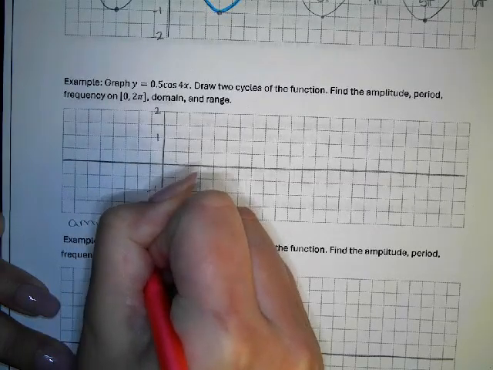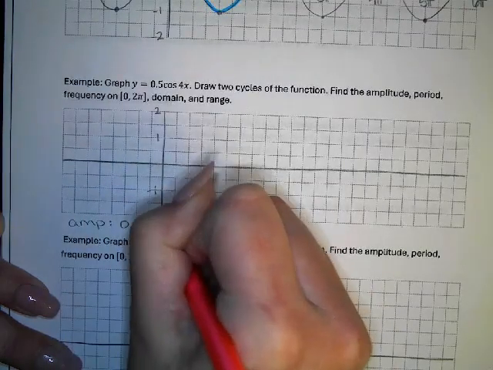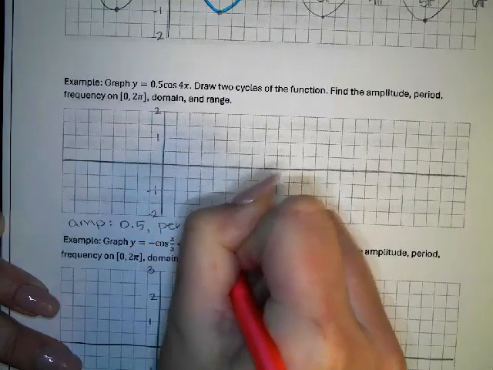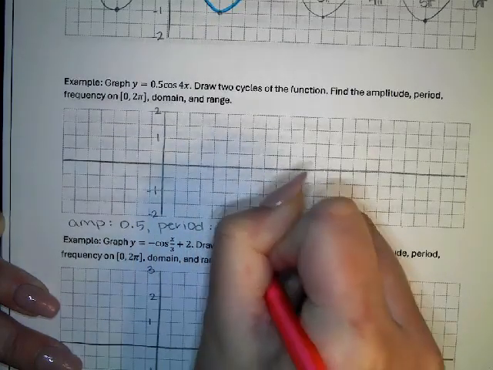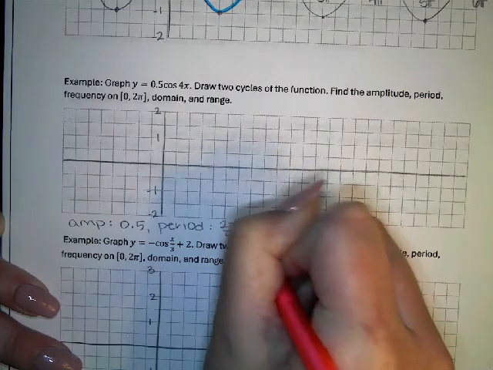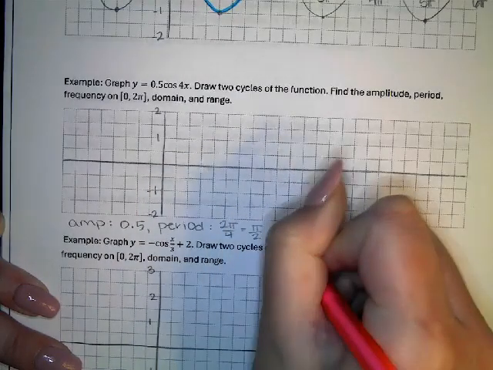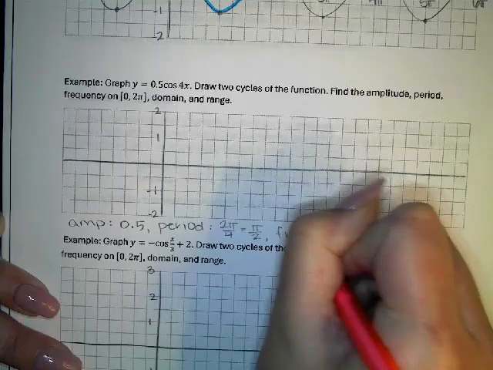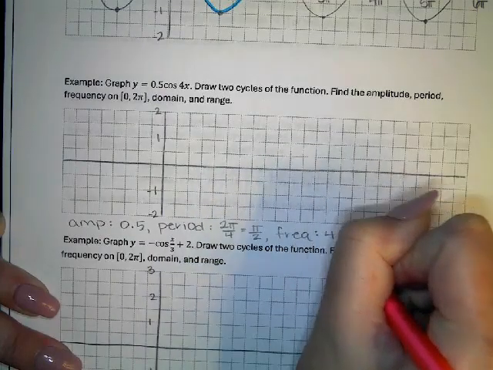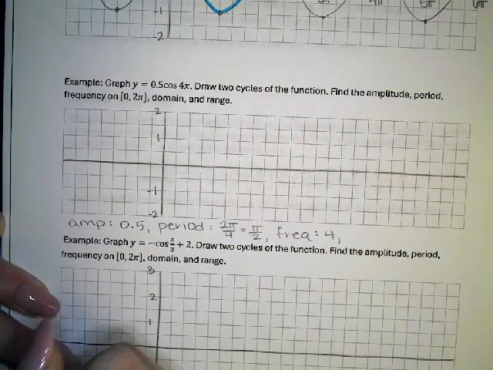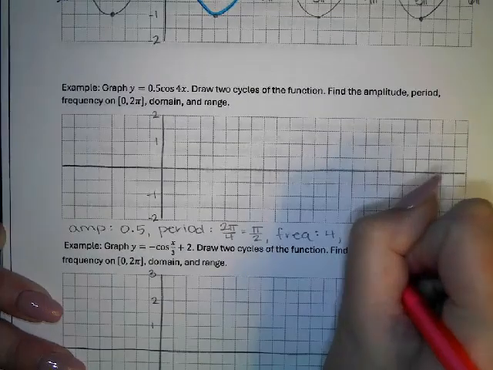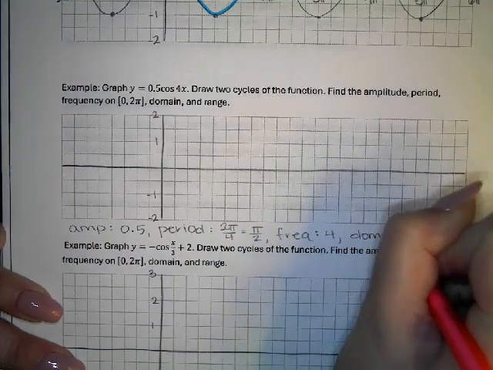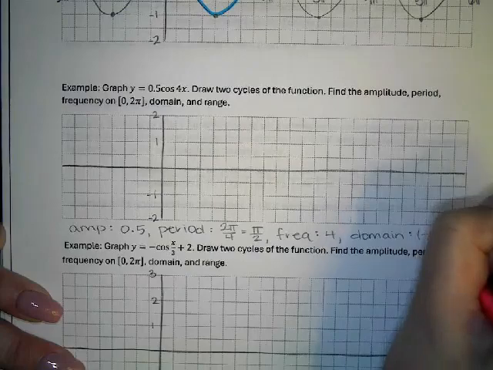The period of the graph is 2 pi divided by 4, which is pi halves. That means that the frequency of this graph is 4. So from 0 to 2 pi, we're going to see 4 cycles of the curve. The domain is from -infinity to infinity.